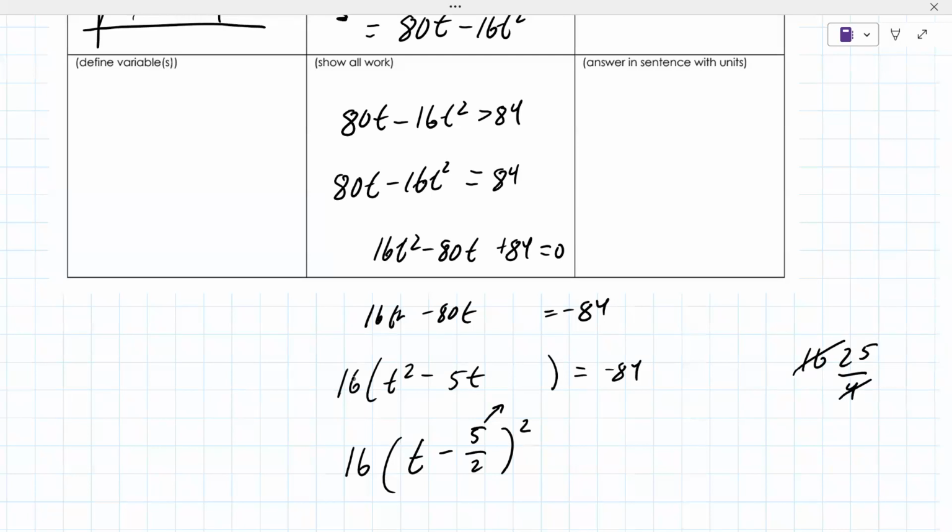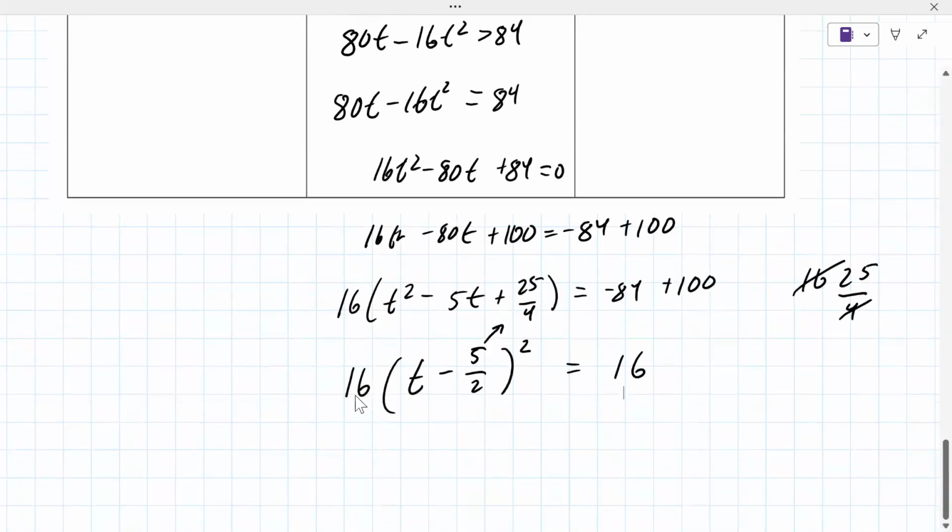So the 16 and the 4 cancel to make 4, so it ends up being 100. Sorry, that's not there. 25/4 is there, plus 100 is there. It ends up being 16. That works out okay. Kind of okay, because when you divide by 16, again, we're solving for t.